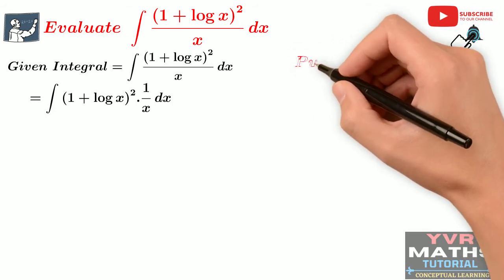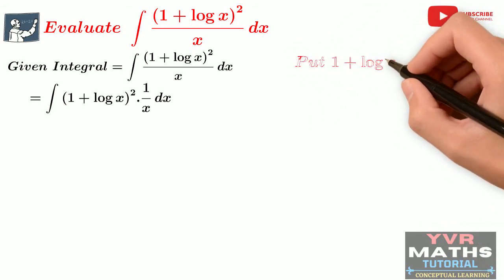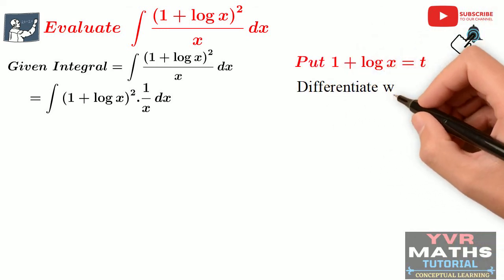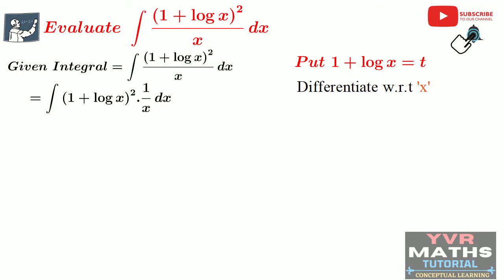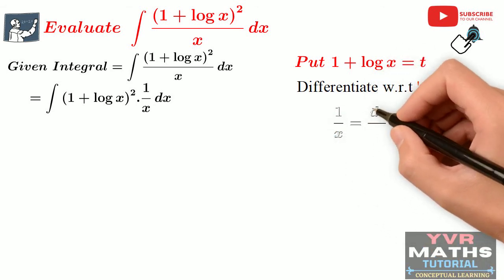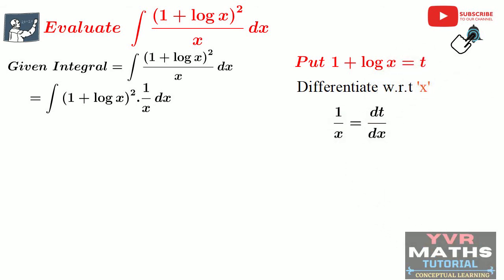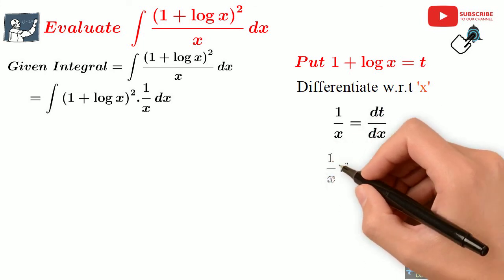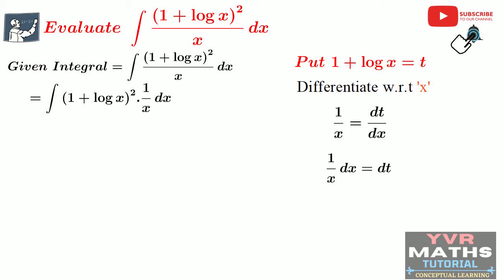So put 1 plus log x is equal to t. Differentiate this with respect to x. Then the derivative of 1 plus log x is 1 by x and the derivative of t with respect to x is dt by dx. So the next step is 1 by x is equal to dt by dx. If we cross multiply, the next step is 1 by x dx is equal to dt.